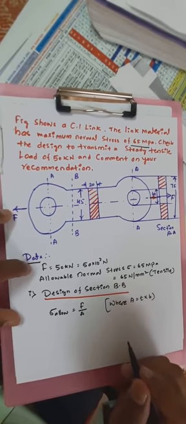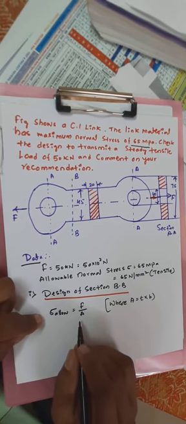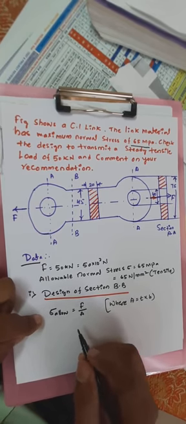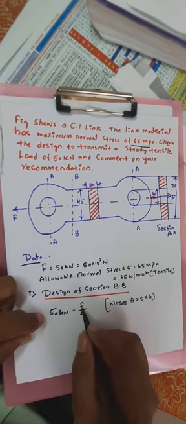For that we know the allowable stress formula is F by A. By using this we can find the stress. We know F is equal to 50 into 10 to the power 3, a tensile load, and we need to find the area for section BB.